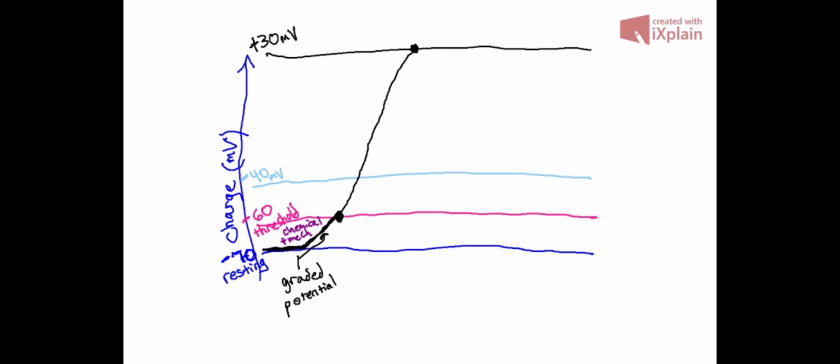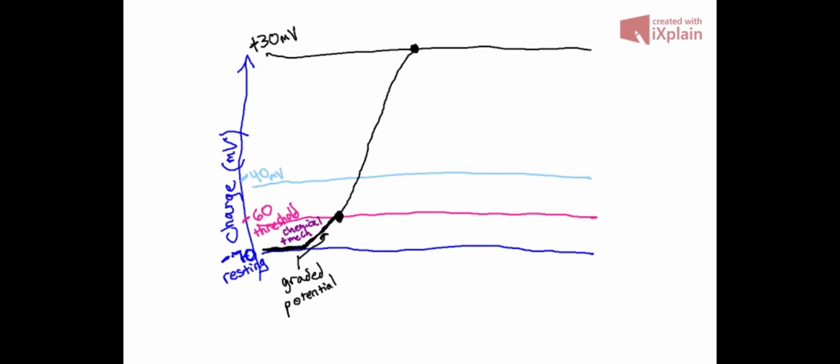The potential energy in the plasma membrane gets up to positive 30 millivolts. After it gets up to positive 30 millivolts, that switch again switches off. The switch flips again, and it switches off.